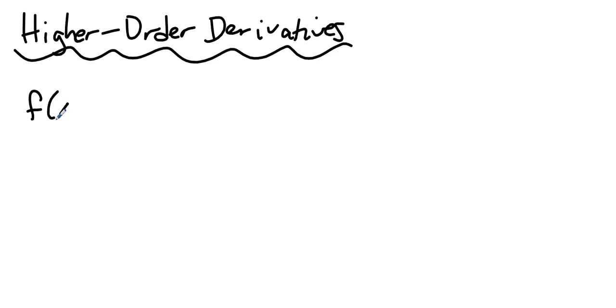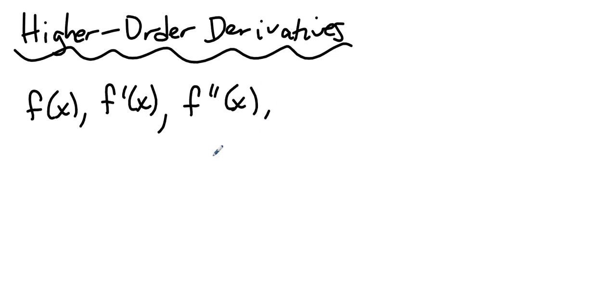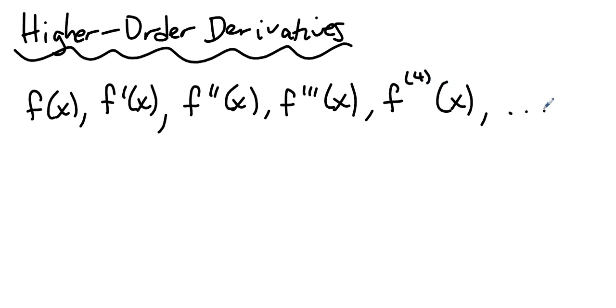So if you have some function f of x, its derivative is f prime of x, but the derivative of f prime of x is f double prime of x, and the derivative of f double prime of x is f triple prime of x, and at that point we stop writing primes. If we go to a fourth derivative, we write the 4 in parentheses as an exponent, and that is understood to be the fourth derivative, the derivative of the derivative of the derivative of the derivative.